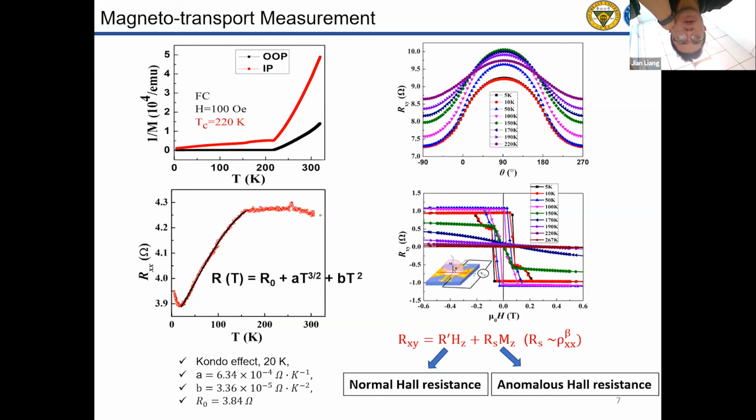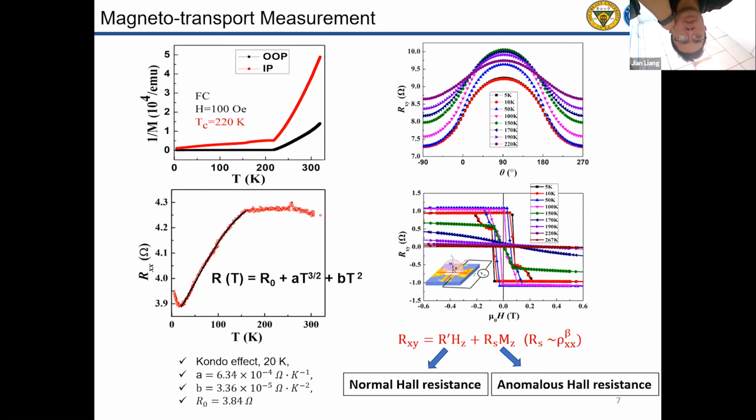Based on the formula of Hall resistance, it consists of 2 parts, normal Hall resistance and anomalous Hall resistance. The coefficient of anomalous Hall resistance is related to the longitudinal resistance, Rxx. So we can see that it's influenced by the Kondo effect.